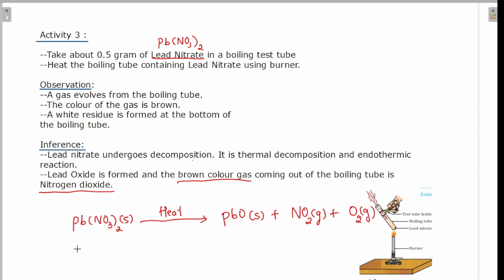You have to mention the reactants and products names. This is lead nitrate. This is lead oxide. This is brown in color. That is nitrogen dioxide.